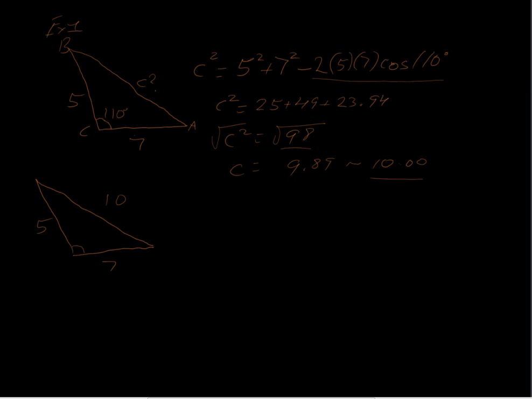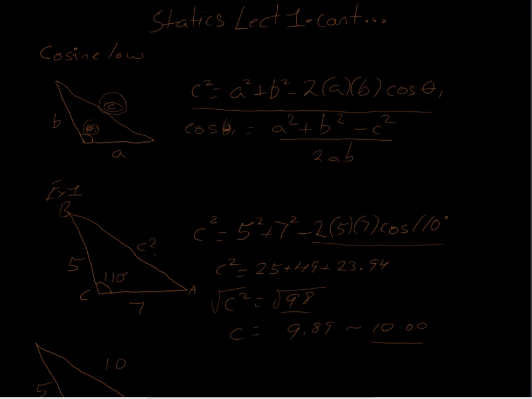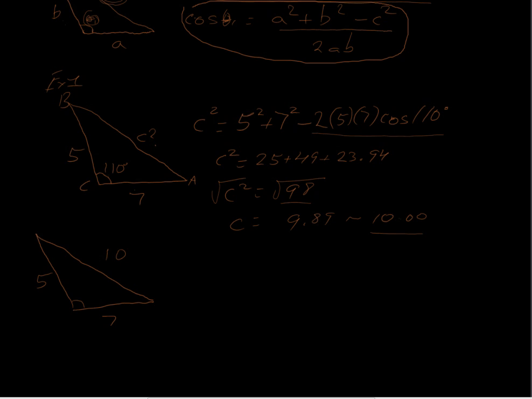Remember, we're going to use this equation now. So we're going to say cos theta 1, I'm just going to call this theta 1, is equal to 7 square plus 5 square, minus c square. How do I know this is c?